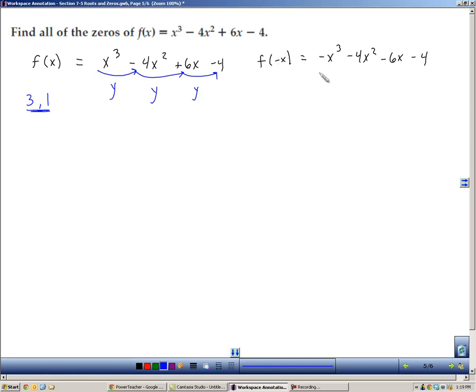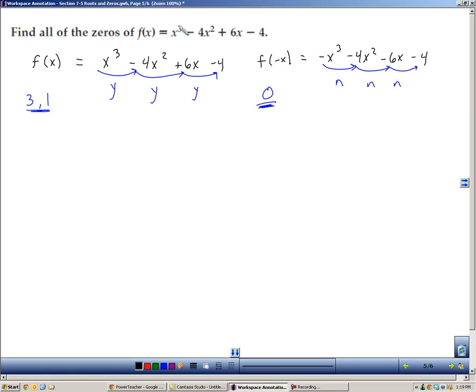I didn't do all the work, but if you notice, each odd degree term has a change of sign. And I told you that in the last example, you just change the sign on each odd degree. So negative goes to a negative, that's not a change. Negative to negative is not, and negative to negative is not. So that means there are 0 negative roots.